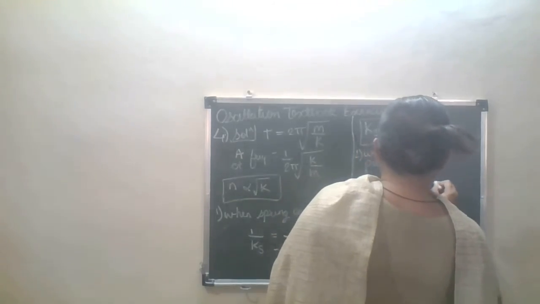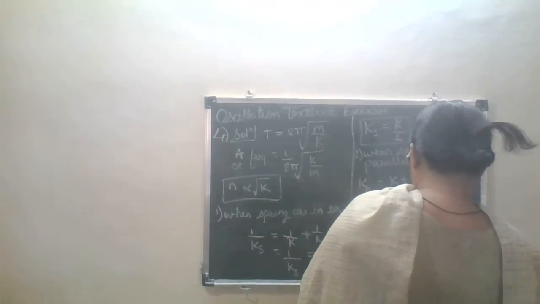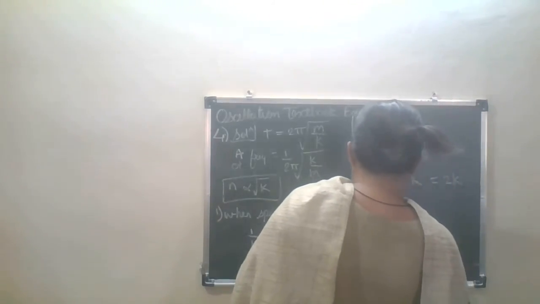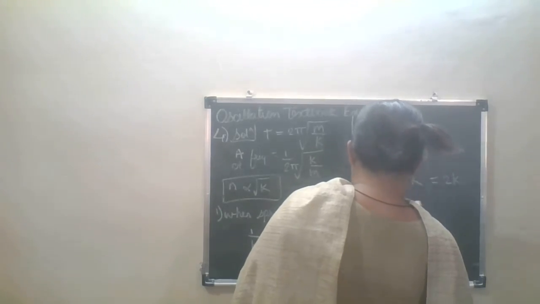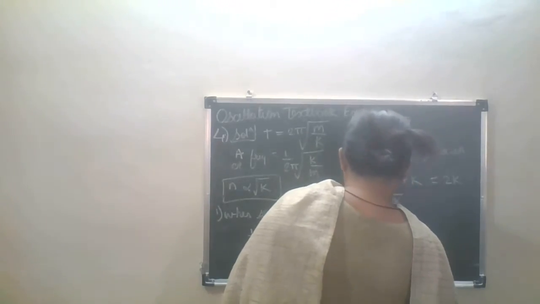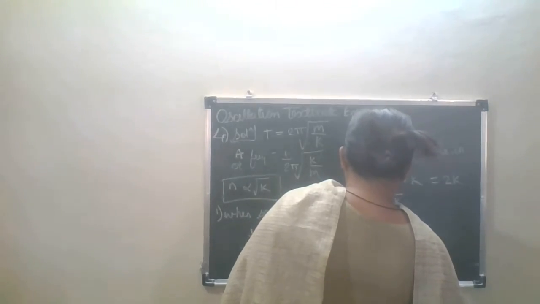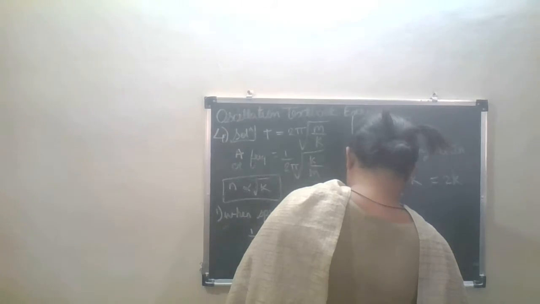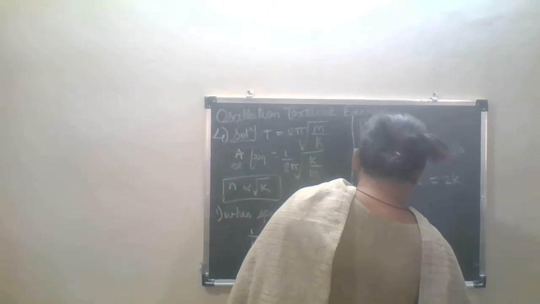Which is equal to twice k, and then n is directly proportional to under root k. Then n of s upon n of p will be equal to under root of k of s upon k of p.